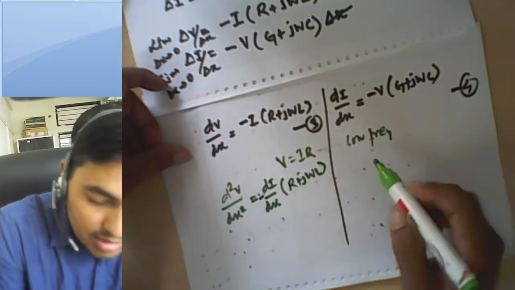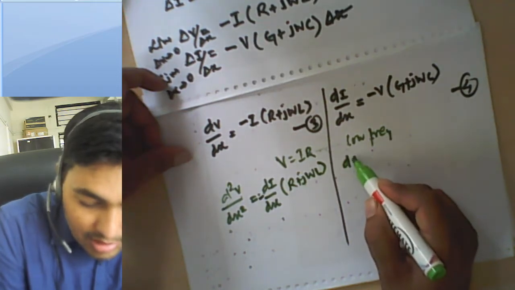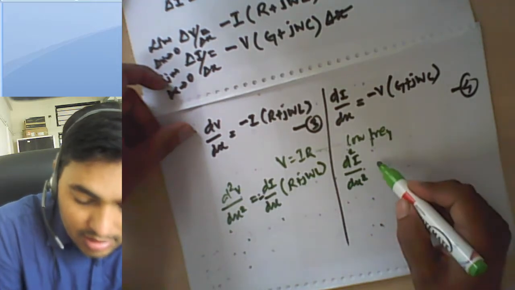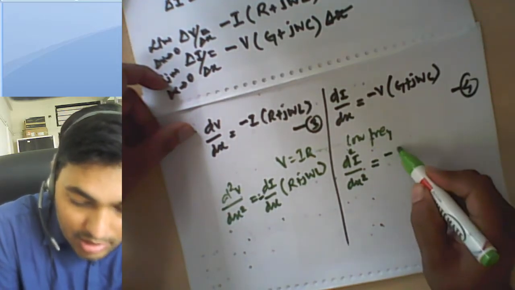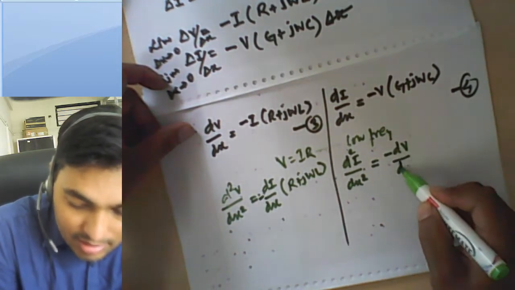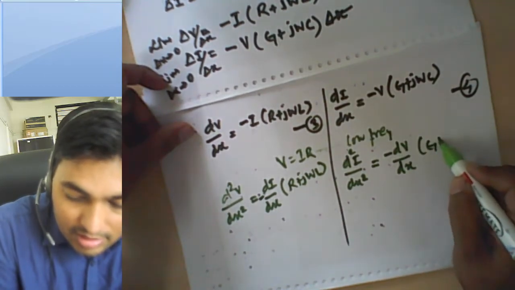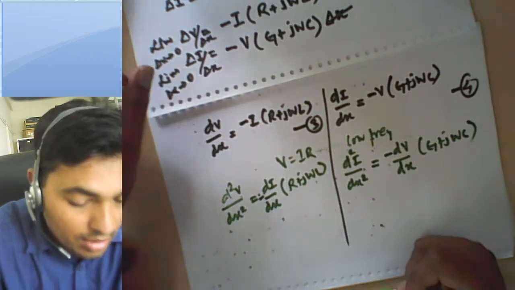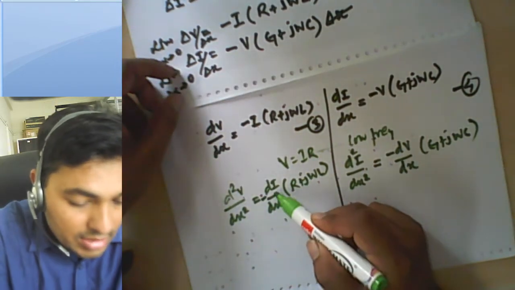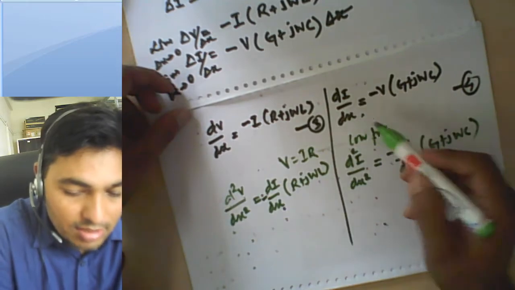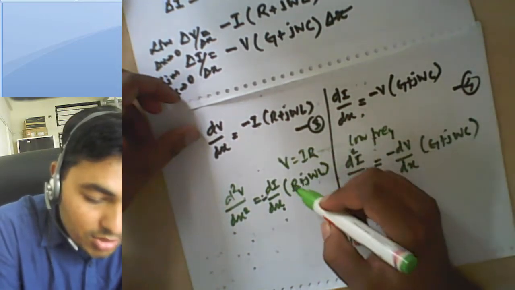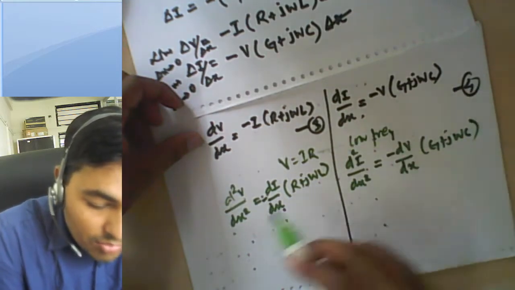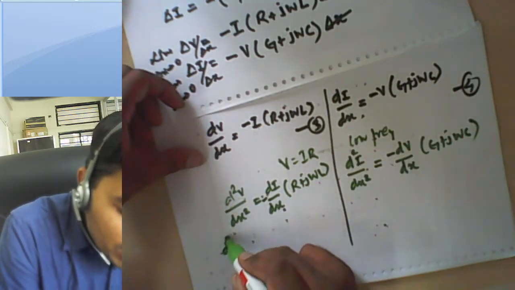Similarly for current, d square I by dx square is equal to minus dV by dx multiplied by (G plus j omega C). Now we already know dI by dx, and we'll substitute it from equation number 4. So we'll solve first for voltage.